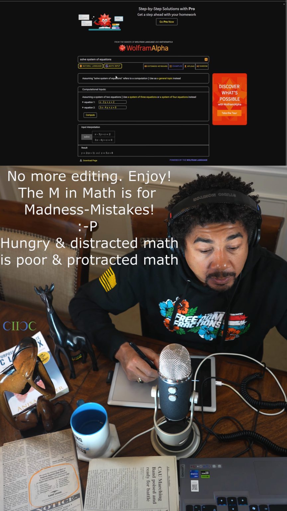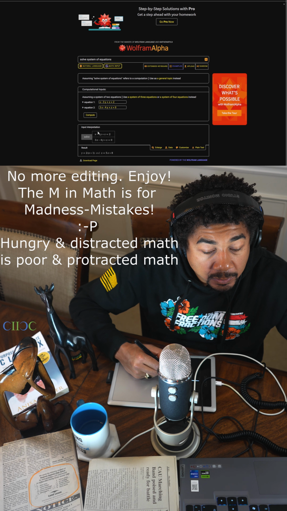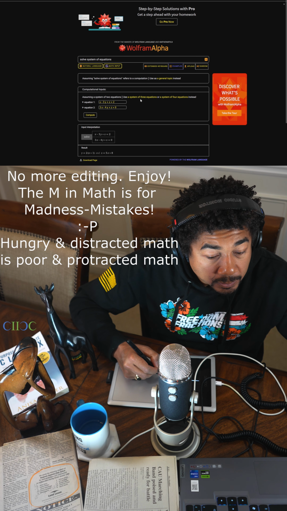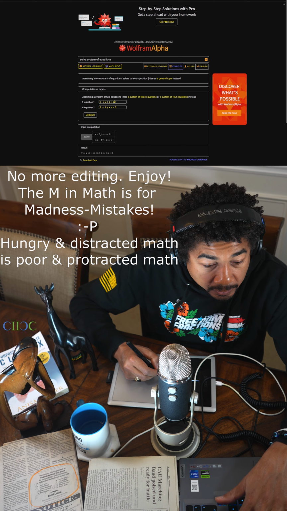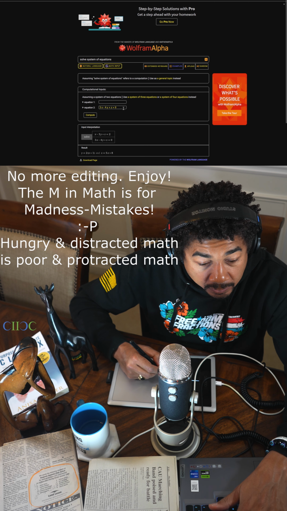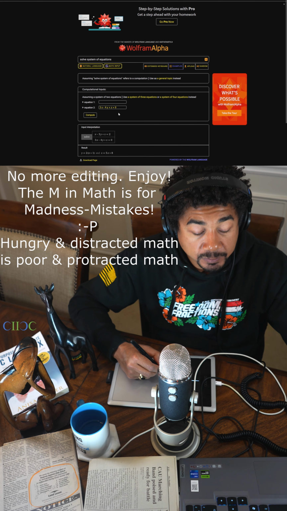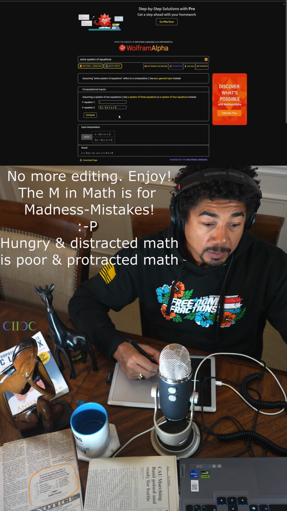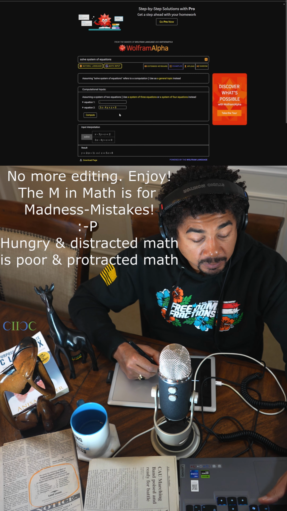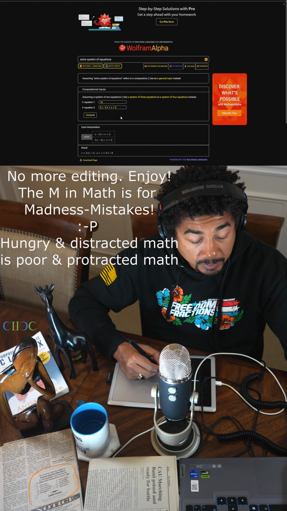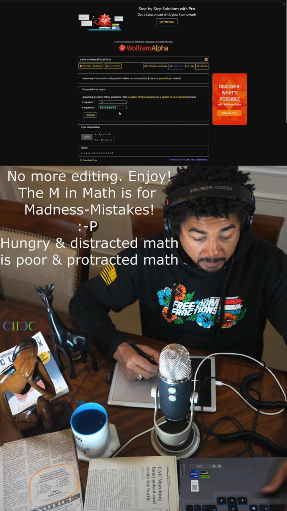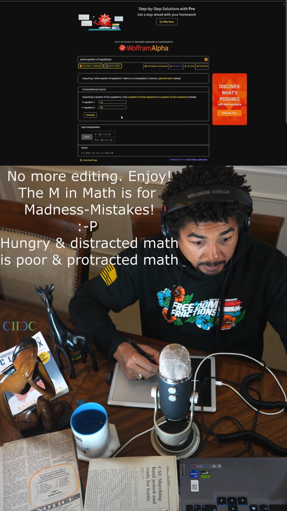System of 2. Negative 1y minus 3x equals.